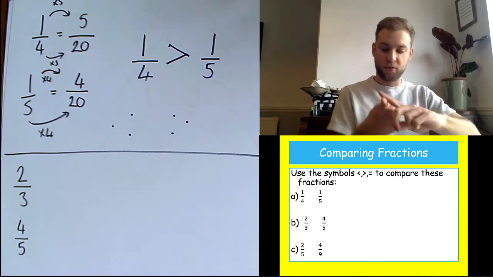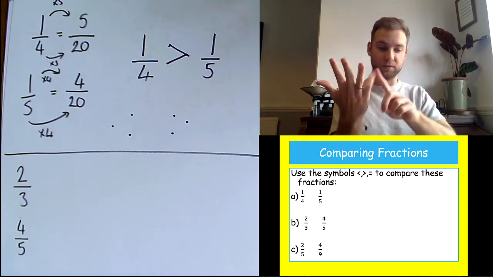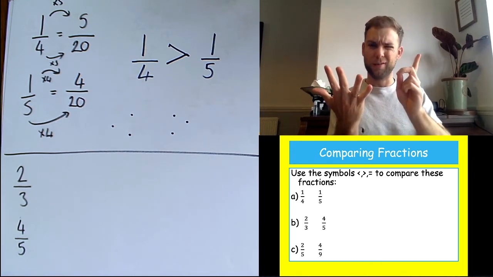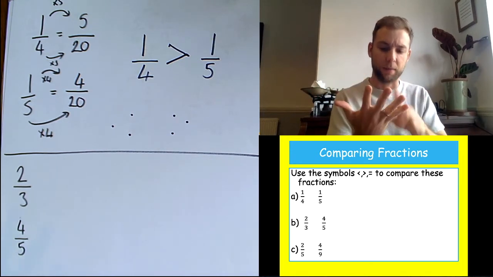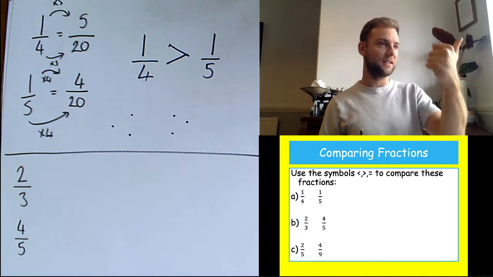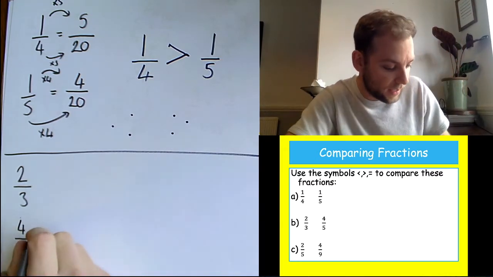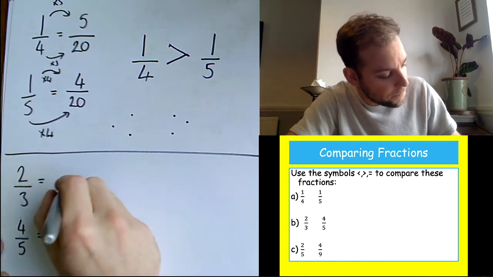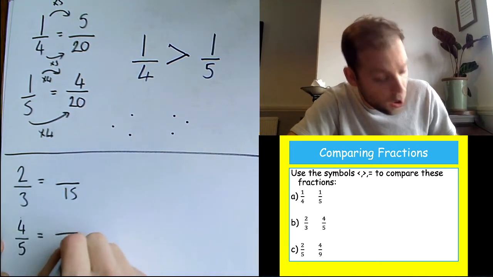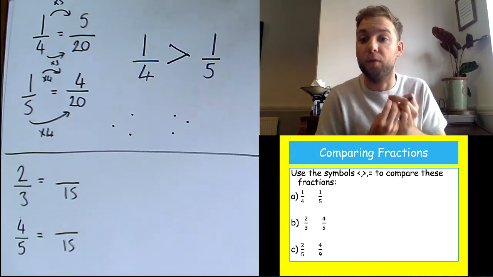So let's do it. 3, 6, 9, 12, 15. No, 5 goes into 15 actually, so maybe I can stop there. And then, 5, 10, 15. So yes, they both go into 15. So I want these both over 15, like so, because that's the lowest common multiple. That's the number that they both go into.